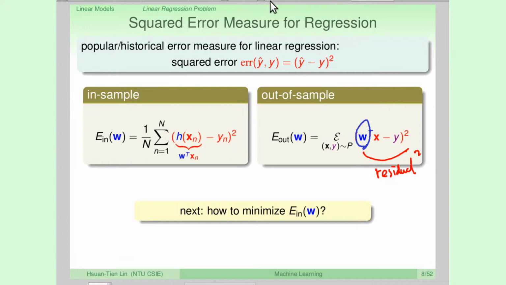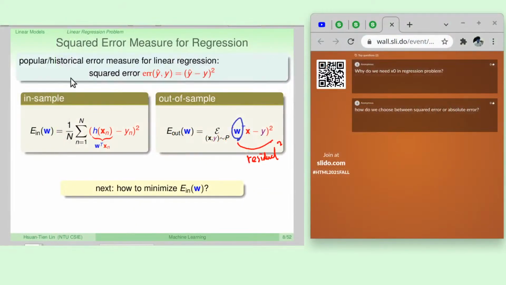Let's see if we have this question. Why do we need x0 in a regression problem? That's a very good point. There are two things you can think about. One is the historical reason. Historically, for example, we want to fit a line.